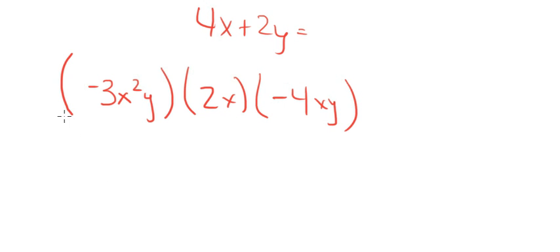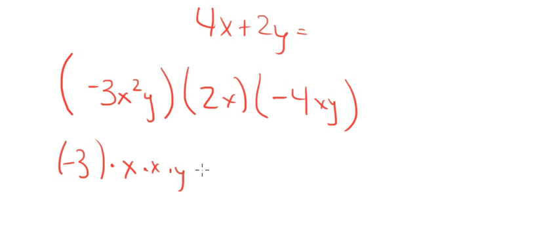If you take the first problem here, the negative 3x squared y, what it's basically saying is we have negative 3, and then remember these are all together, so we're multiplying all this stuff. There's no addition or subtraction sign, so whenever numbers are next to each other, it's understood we multiply them, correct? So we have negative 3, multiplied by x and by x, because we have x squared, and also multiplied by y.